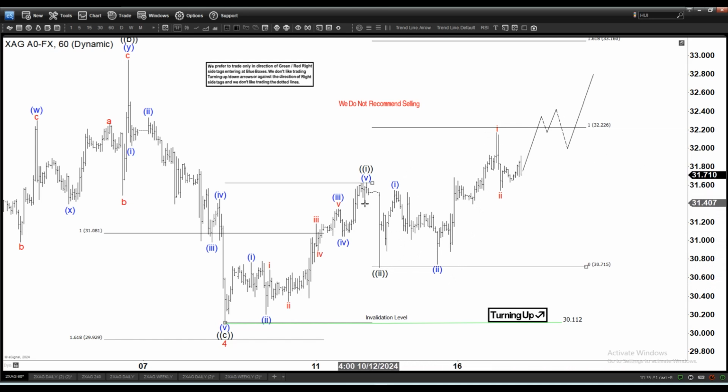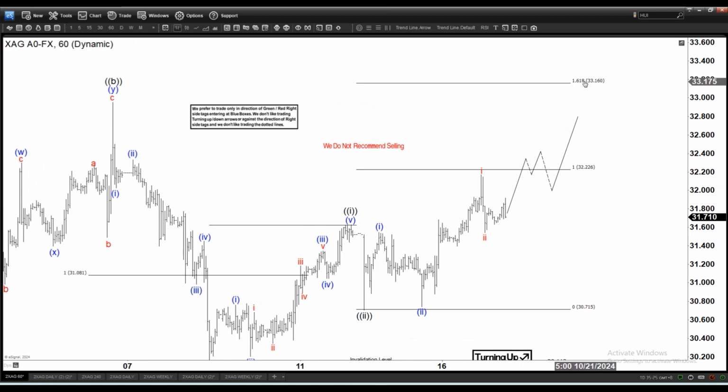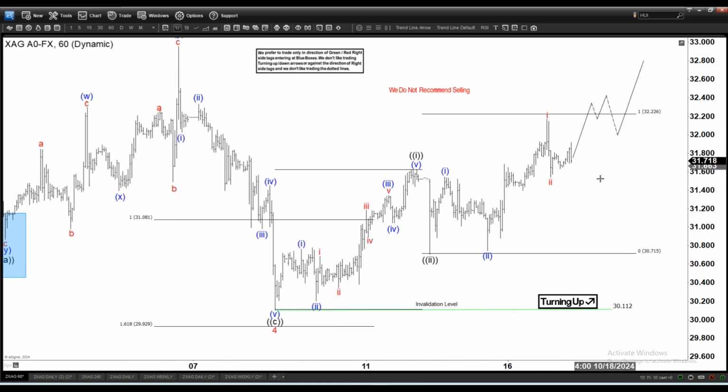And because it is a wave 3, potentially we can go all the way up to even 33.1, which is the 1.618. But at least we are aiming for 100%, which is 33.2 minimum, and possibly can go all the way to 33.1. So we'll see how it goes.